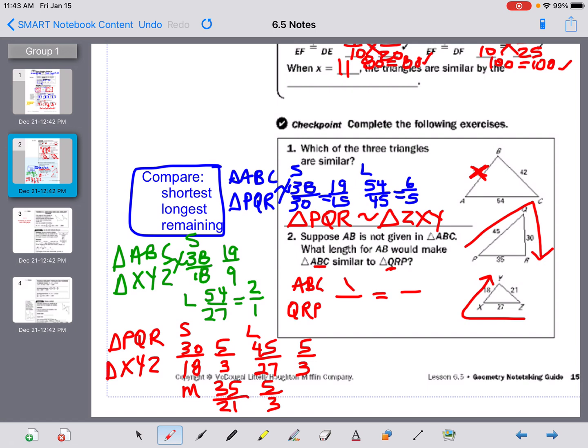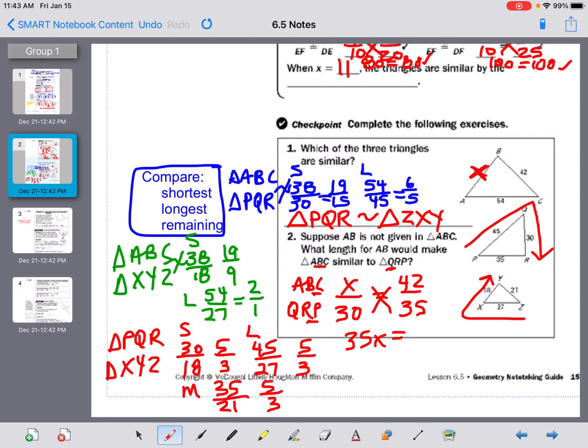So AB we don't know is X. QR down here was 30. All right, I need one more set. I'm going to go with the next one, BC. So BC was 42, and RP down here was 35. So I'm setting up my proportion and solving to find a good value for that. Cross multiply, I get 35x equals 42 times 30.